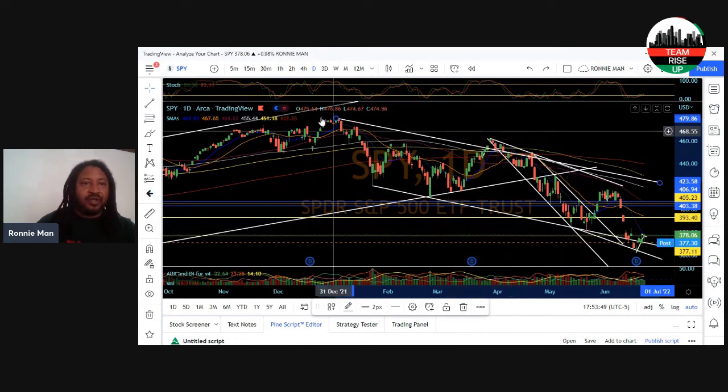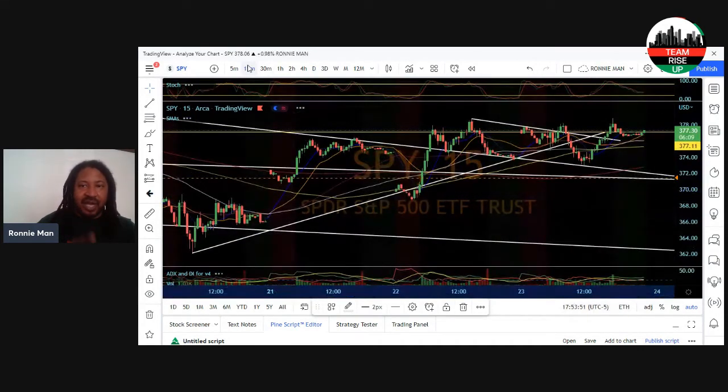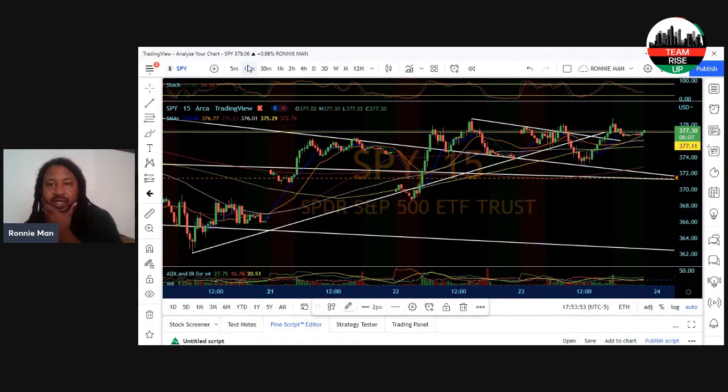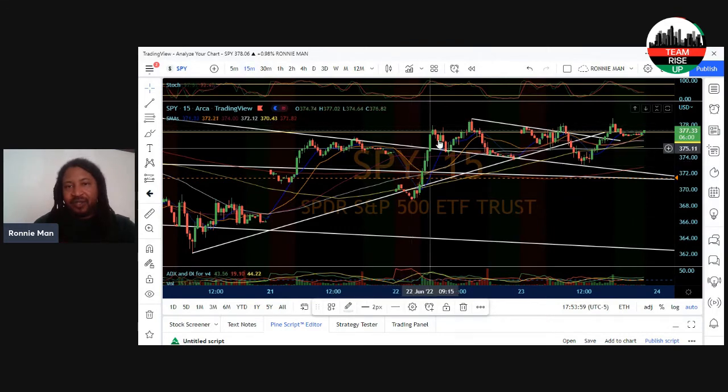But what I wanted to show you was on a smaller time frame and how I was able to trade today. I traded SPY based off of this little small trend line from yesterday's high, and I took it to the pre-market high, and I let it touch, and I just ran the line through for the day.